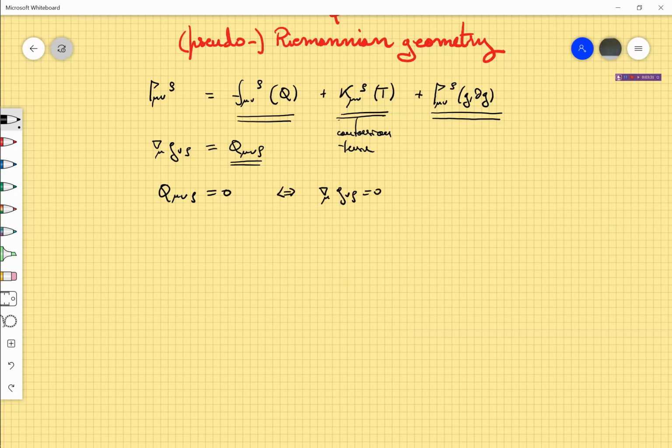A connection that satisfies this property is called a metric compatible connection, or a metric connection sometimes. And the other condition that we are going to demand is that the torsion is 0. Then the contortion will be 0. And this is a torsionless connection, obviously.